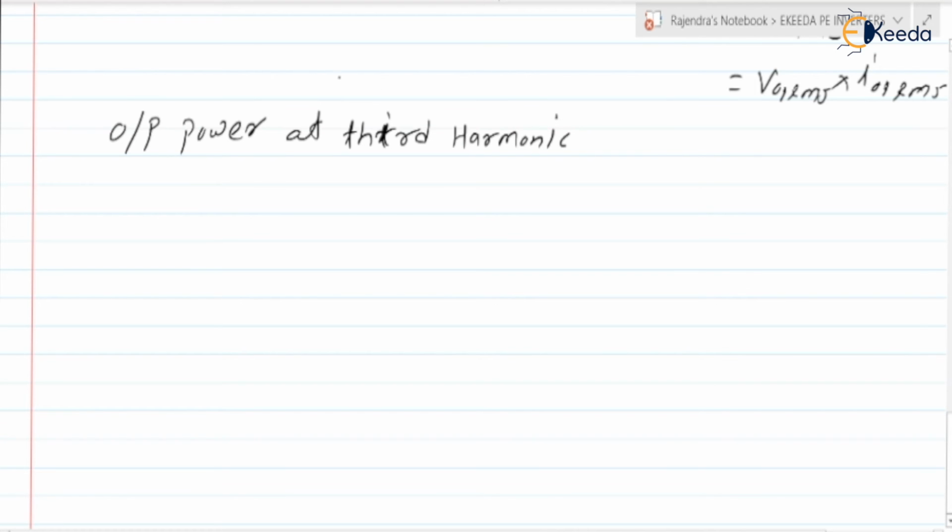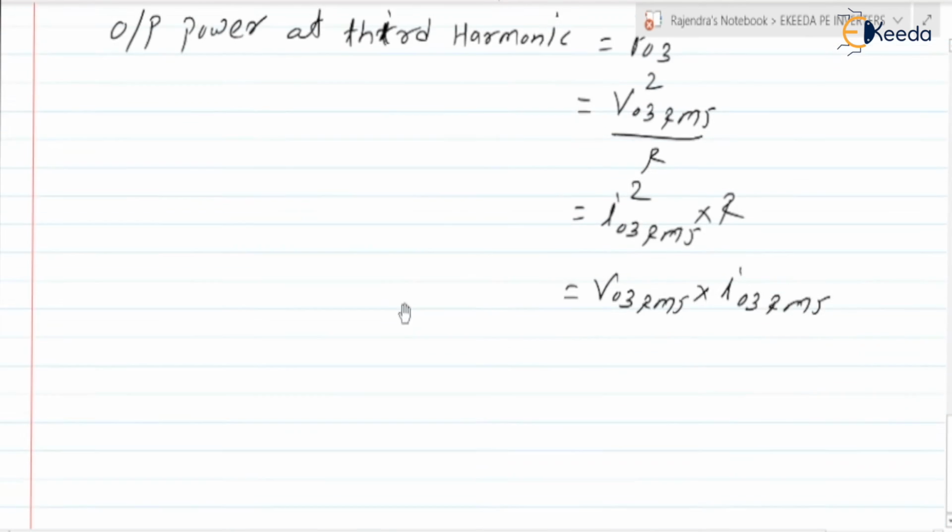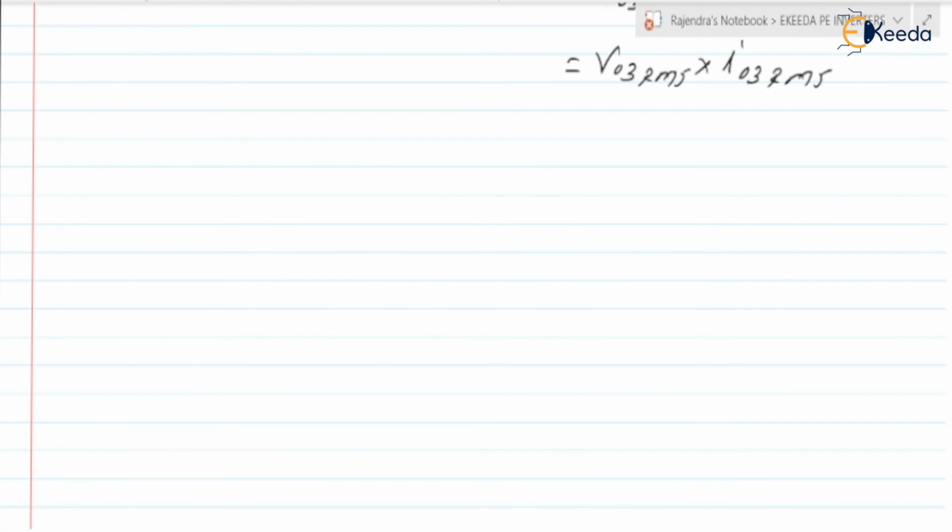Output power due to the third harmonic component, equal to P03, is equal to V03 RMS square divided by R, equal to I03 RMS square into R, which is equal to V03 RMS into I03 RMS, correct.